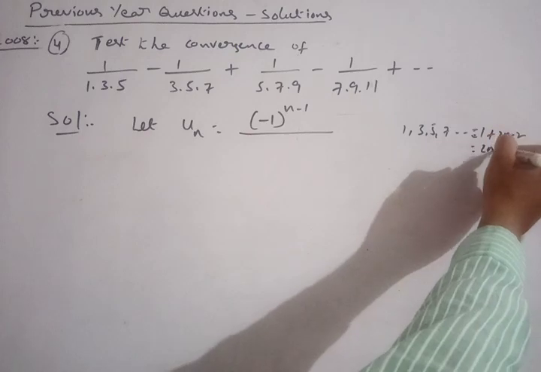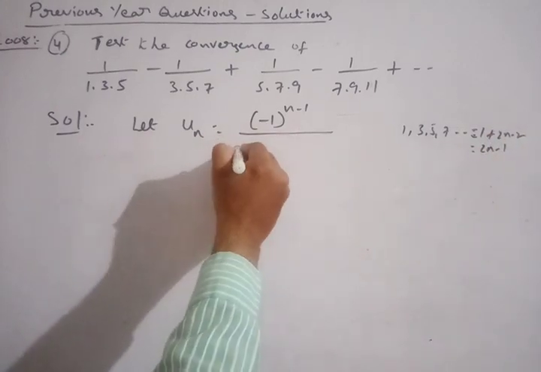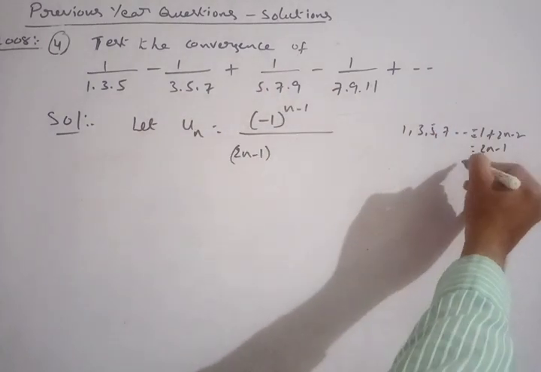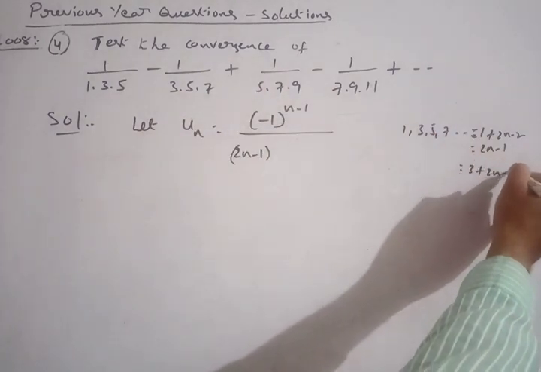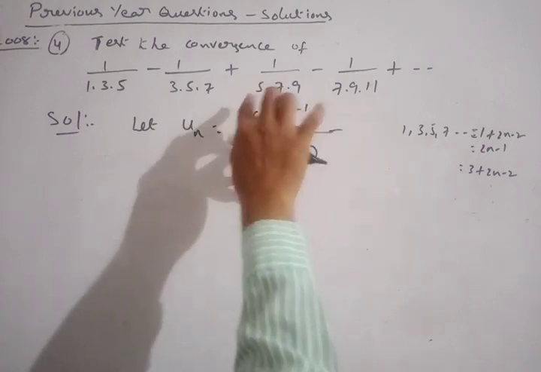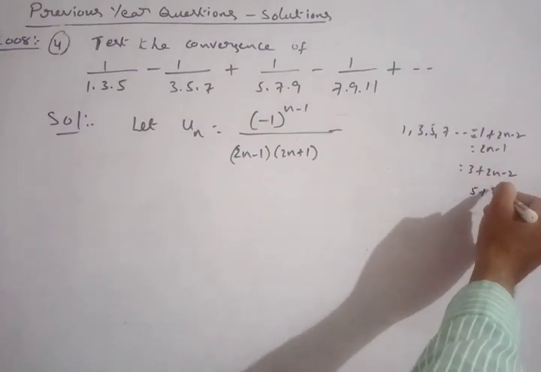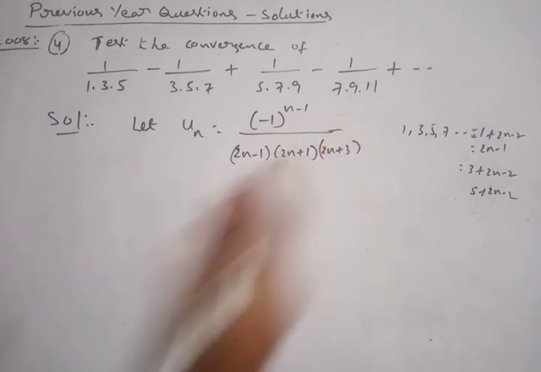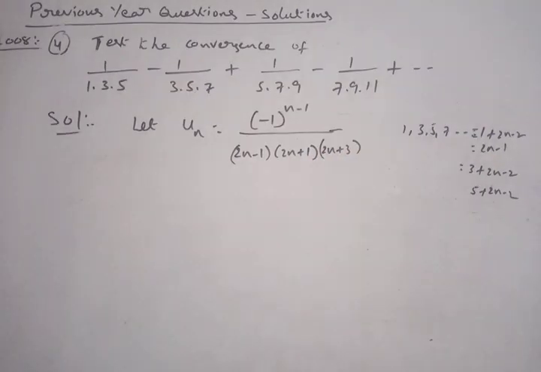It is 2n minus 1 I am getting. So the first term is 2n minus 1. Next one is 3 5 7, that means 3 plus 2n minus 2. So I am getting 2n plus 1. Then the third term is 5 plus 2n minus 2. I get 2n plus 3. This is our nth term, right?